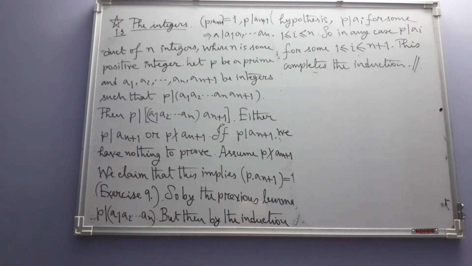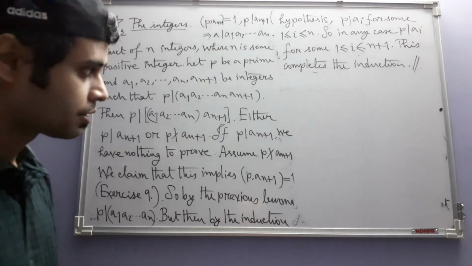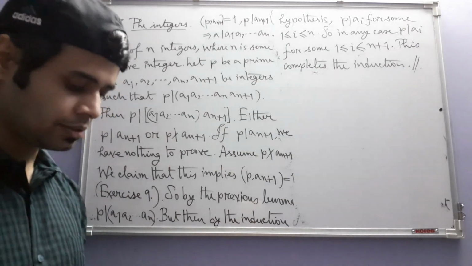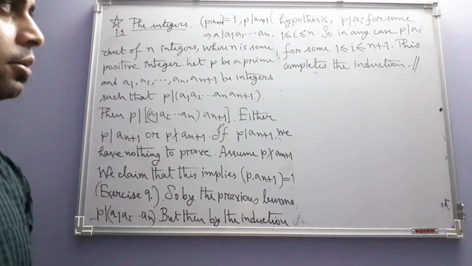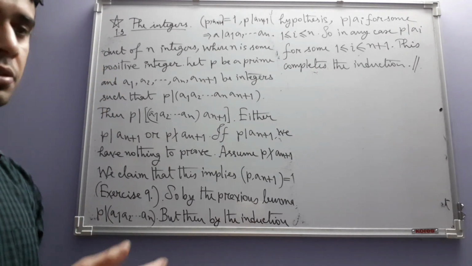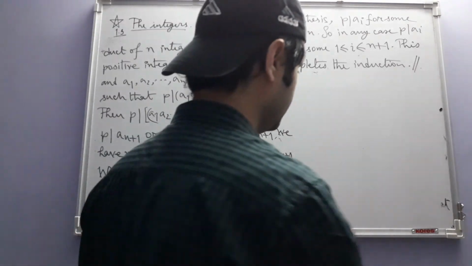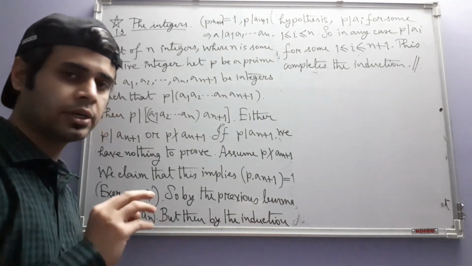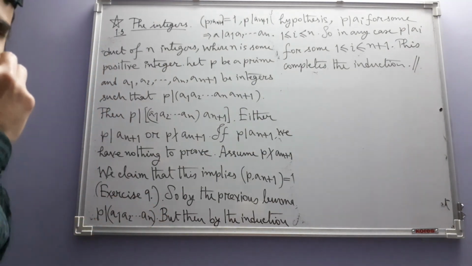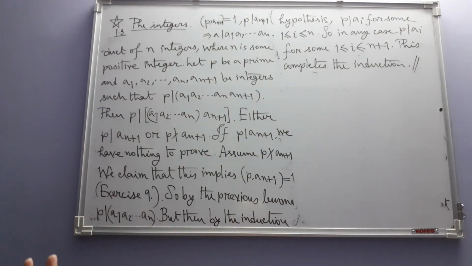Okay, so now we will turn to the fundamental theorem of arithmetic, which says basically what we have discussed previously, that any positive integer greater than 1 can be factorized as a product of primes in an essentially unique way. So we are going to look at that now.